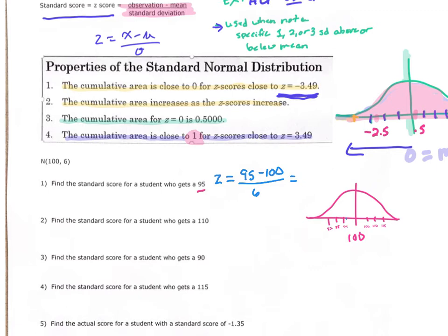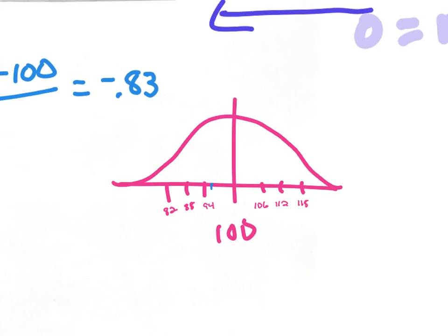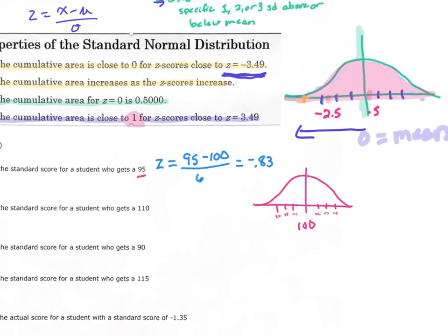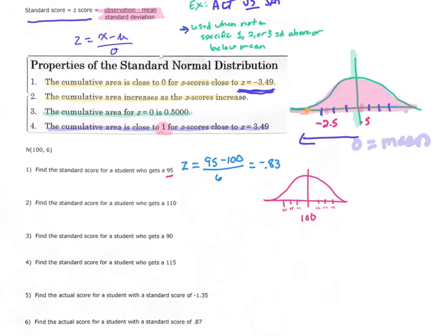We're always going to compute our z-score to 2 places after the decimal. So we get that z is equal to negative 0.83. Think about what that's saying visually. It's negative, so it's below the mean. And that 0.83 means that it is pretty close. It's not exactly on that 1 standard deviation below the mean, but it's pretty close to 1 standard deviation below the mean. Okay? All right.